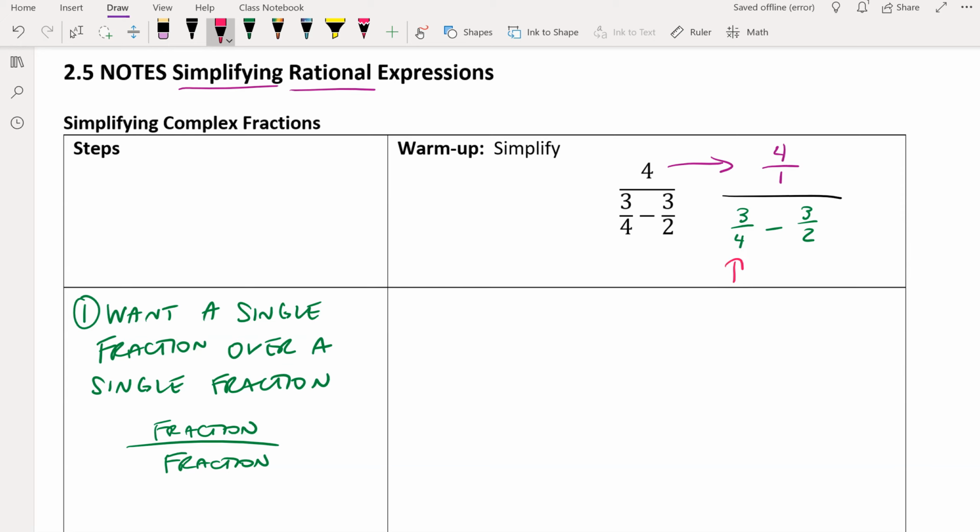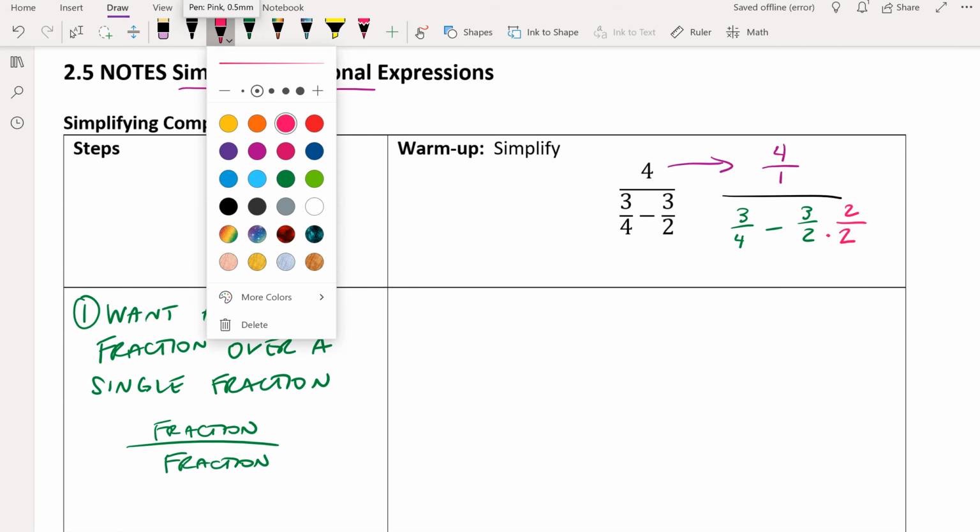I'm going to go with the least common multiple, 4, in both of these denominators. So what do I need to multiply the second fraction by? I need to multiply the denominator by 2 to get to 4. And whatever I do to the denominator, I have to do to the numerator. So let me write this next step down here.